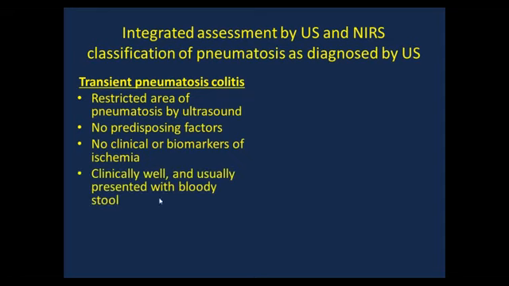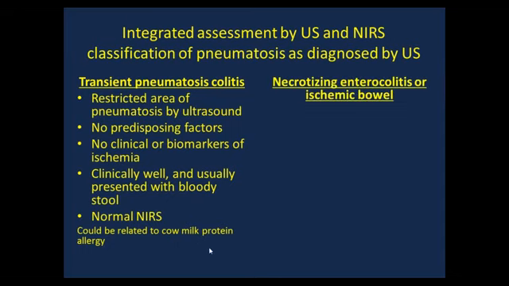The infant is clinically well and usually presents with bloody stool, with normal near-infrared spectroscopy, so normal tissue perfusion and oxygenation. This category could be related to cow's milk protein allergy.